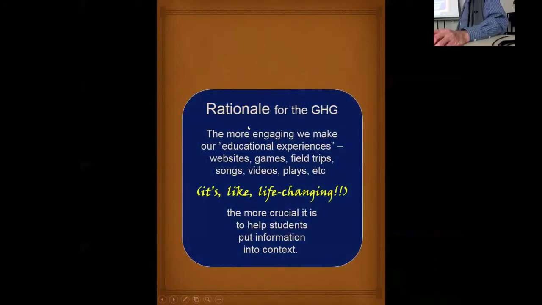The rationale is very simple. The more engaging we make the individual experiences, the videos, the simulations, the games, the photographs, and so on, the more important it is to put it in perspective. When I do this for the World one, I've got a very simple story to tell.